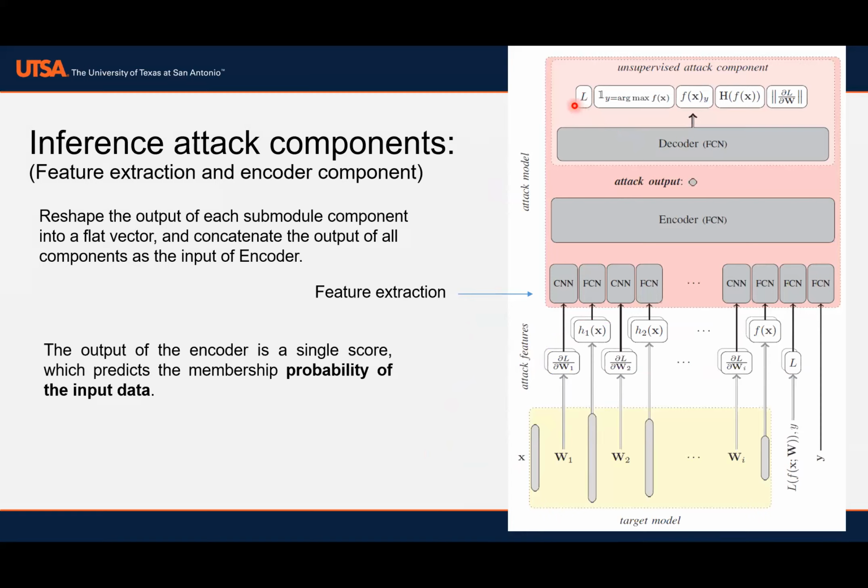For example, for the loss, the training data set may have less loss, and we can distinguish these two types from the... sorry, I'm not very sure.